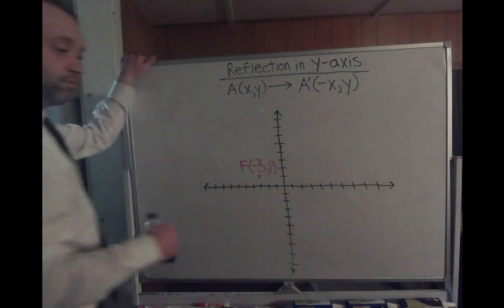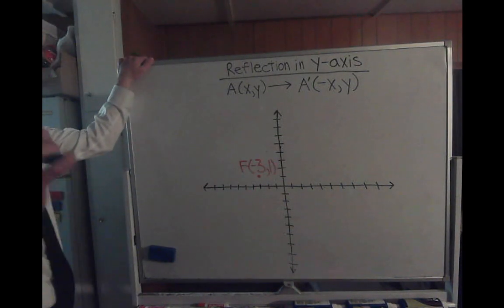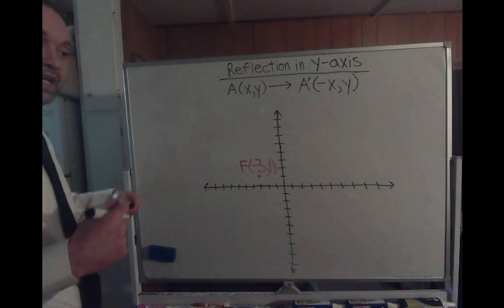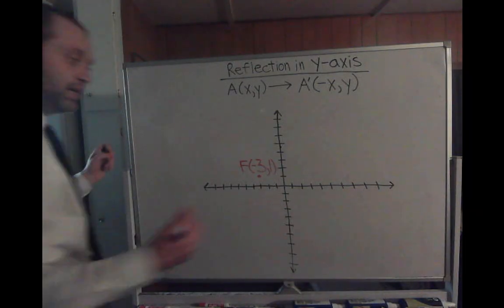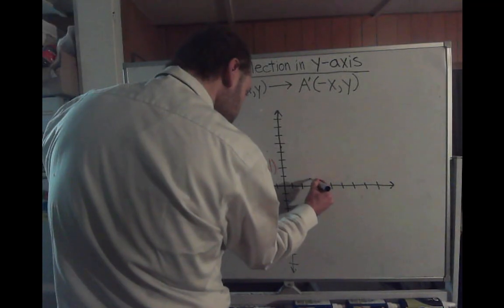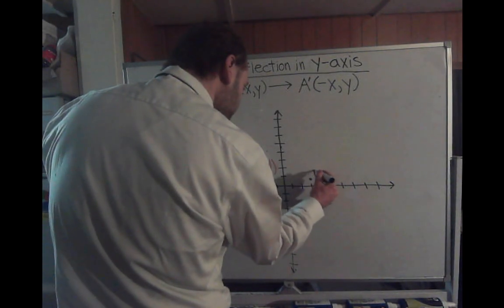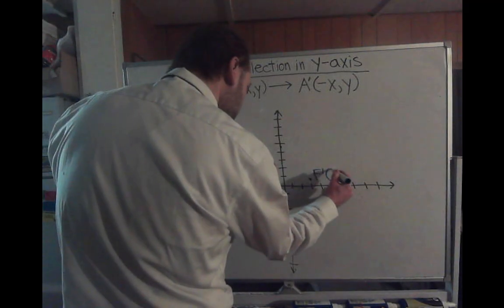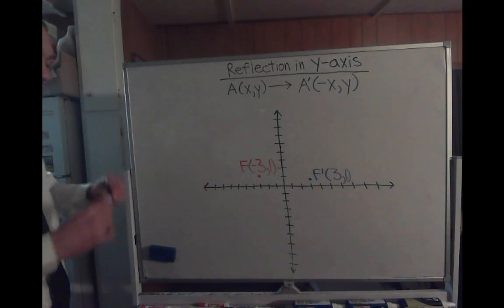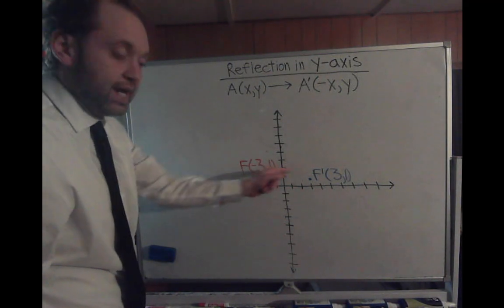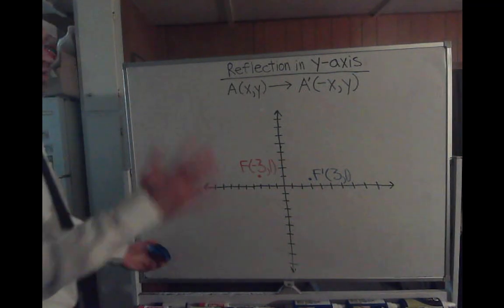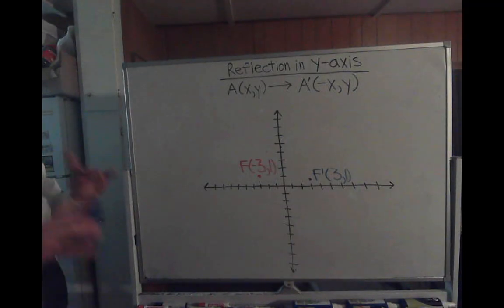So if I want to find F prime by reflecting in the y-axis, I take my x-coordinate of -3 and negate that, so -3 is +3. Then I leave my y-coordinate alone, so that means my F prime would have the coordinate of +3, 1. And again, you see the symmetry in the y-axis. So that's how we just negate the x and leave the y alone.